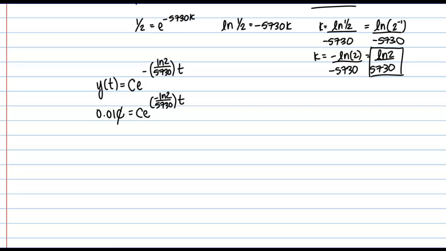I can cancel out a C on both sides. I get 0.01 equals e to the negative ln 2 over 5,730 times t.